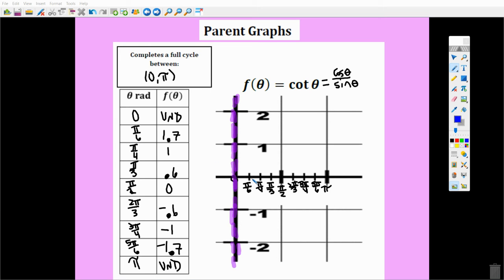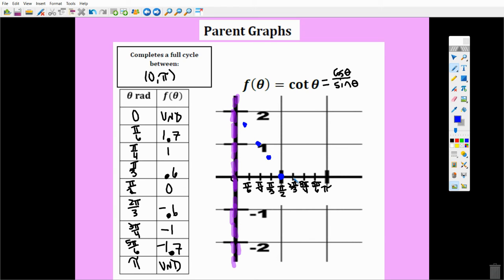At pi over 6, we got 1.7, so about right there. At pi over 4, we have 1. At pi over 3, we have 0.6, so that's about half, a little bit more. Okay. And then at pi over 2, we have 0.